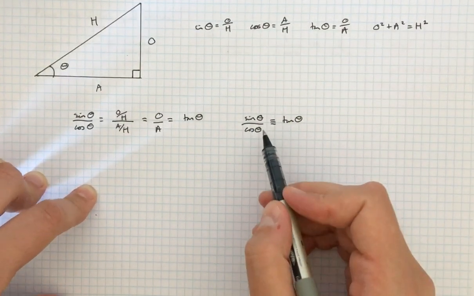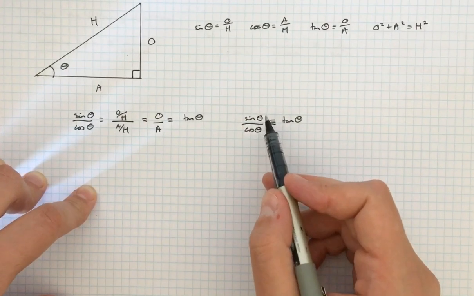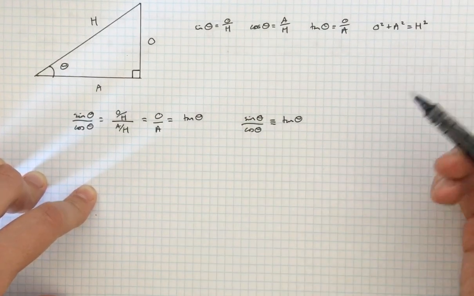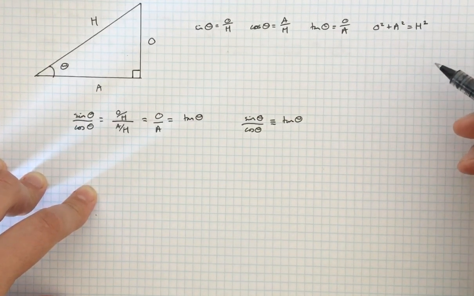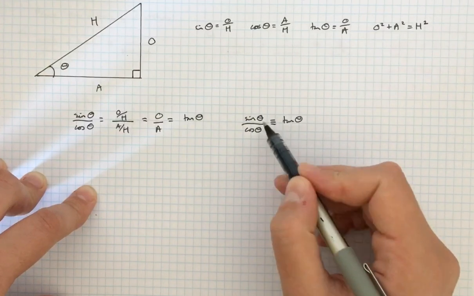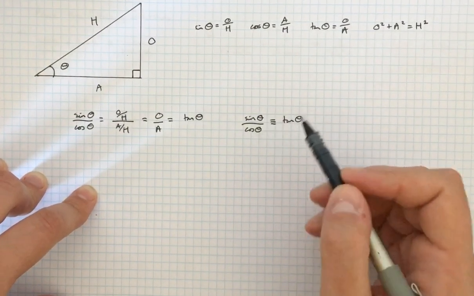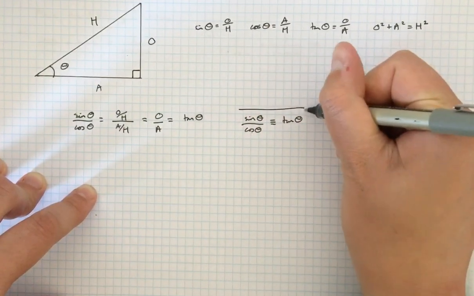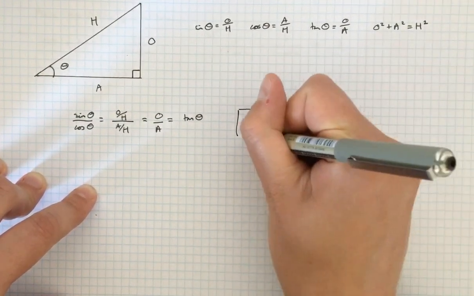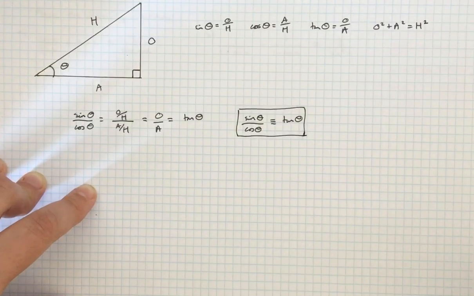It's an identity because this is true for any value of theta. If we had an equation, for example, like 2x plus 1 equals 3x minus 9, that's true for one value of x. This here is not an equation, it's an identity because it's true for any value of theta. So this is a really important result, so important I'm going to put it in a box, and that is our first trig identity.